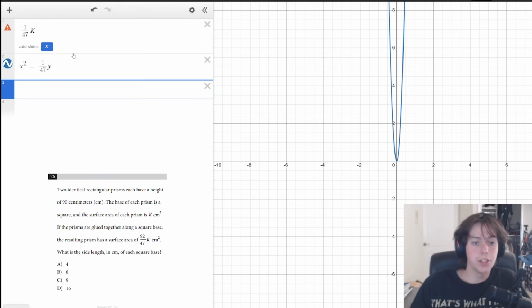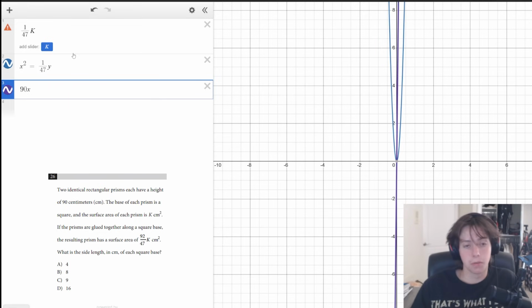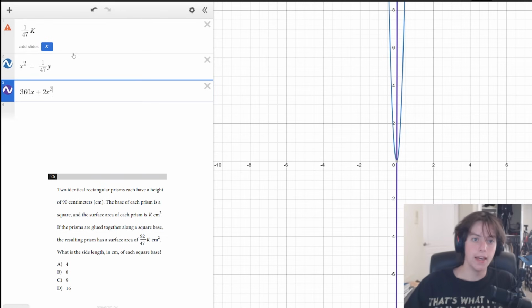And now let's just find the total surface area of one rectangular prism, and that would be 90x for one side, so there's four sides, so it'd be 360x plus the two square sides, so plus 2x squared, and this is just equal to y, not 1/47y, just y.